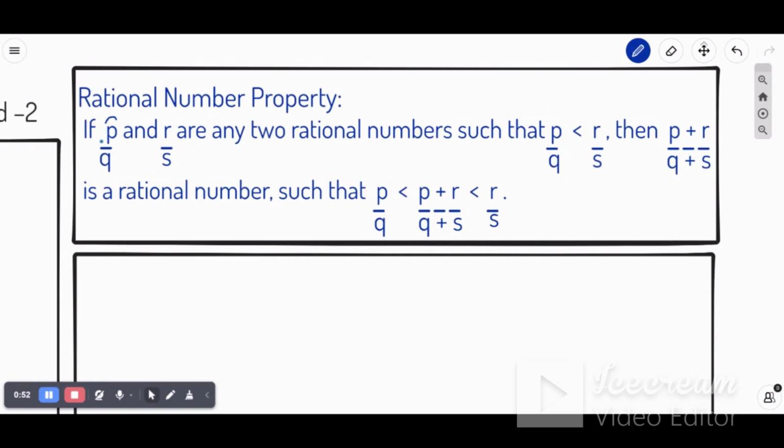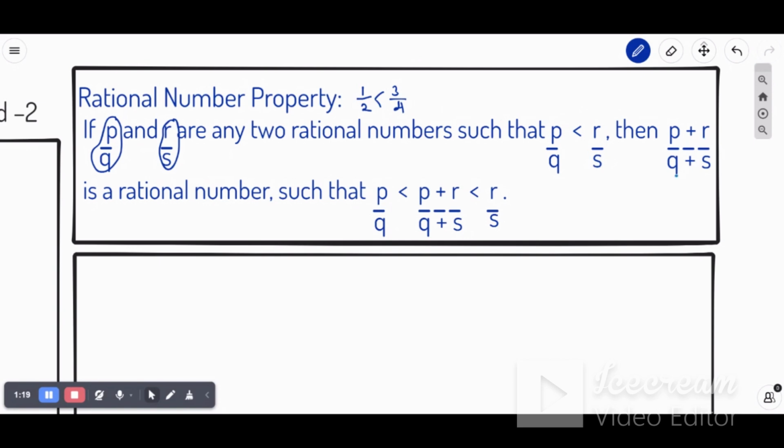It is given as P by Q and R by S, which means let's take 1 by 2 and 3 by 4 as two rational numbers in fraction form, such that P by Q is less than R by S. So 1 by 2 is less than 3 by 4, and this condition is satisfied.